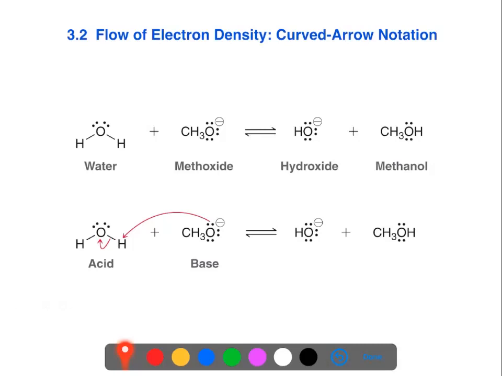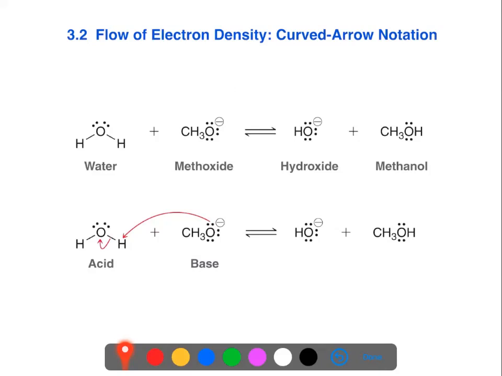So again, looking at another example of a proton transfer reaction, an acid-base reaction, if we had this example of water in the presence of methoxide, as we'll talk about later in this chapter, the methoxide relative to water is a stronger base. It's a better acceptor of a proton because it has electron density to share with this molecular partner, water. So in this example, as we've seen previously, the lone pair on the oxide is going to donate itself in the formation of a new OH bond.